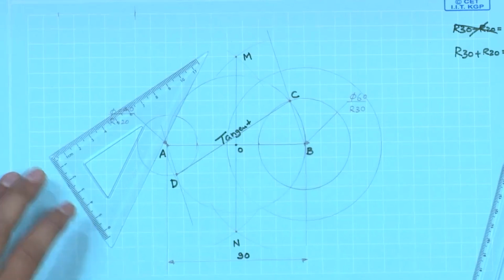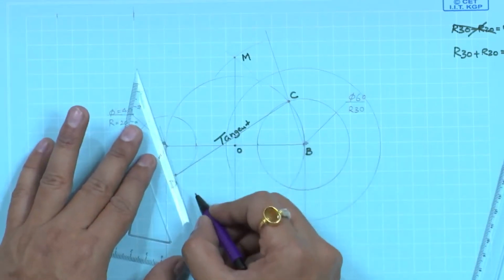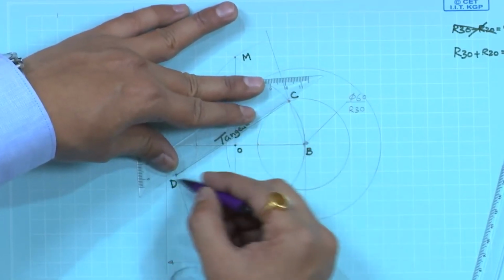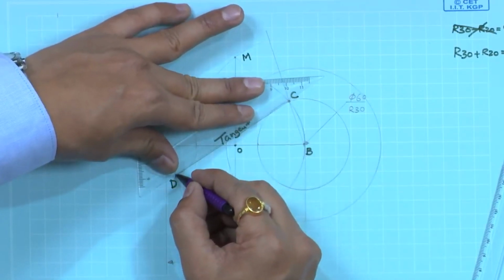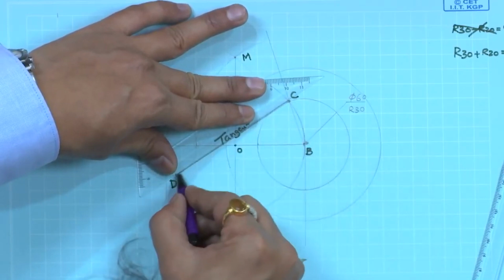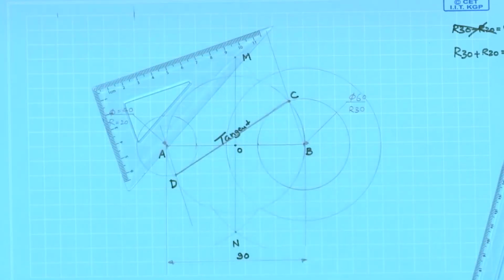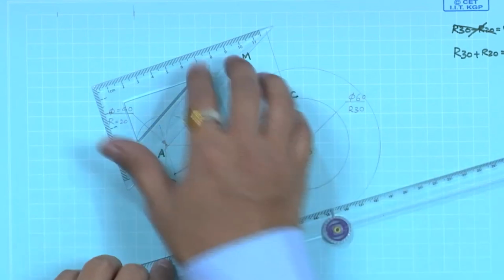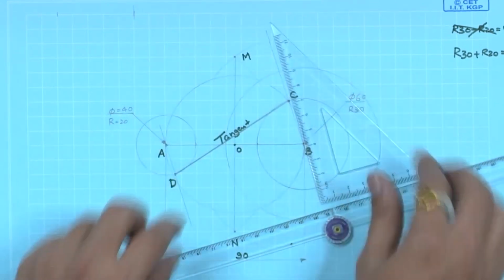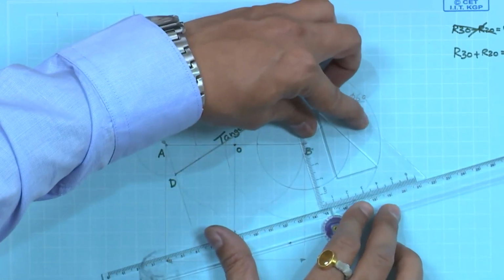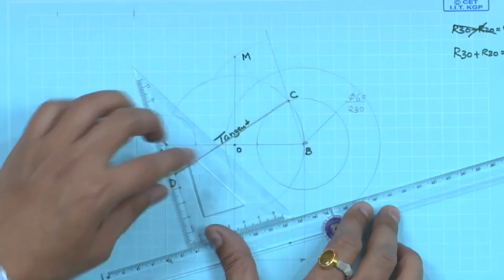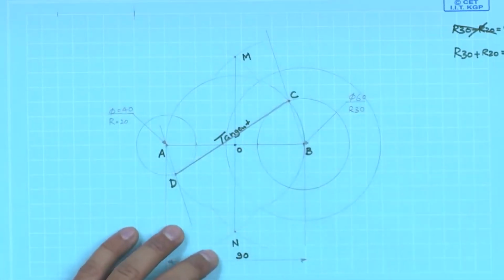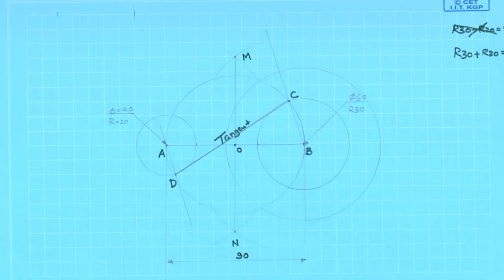Any normal is this one and the tangent is going through point C. This is the way we construct. So, one has to be careful while translating this normal all the way down to A. Mini drafters always give perpendiculars and that would be useful.